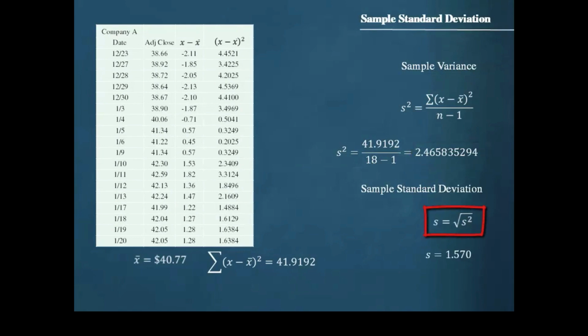The square root of the sample variance gives us the sample standard deviation of 1.570. The rounding rule for the standard deviation is to round to one more decimal place than occurs in the raw data.